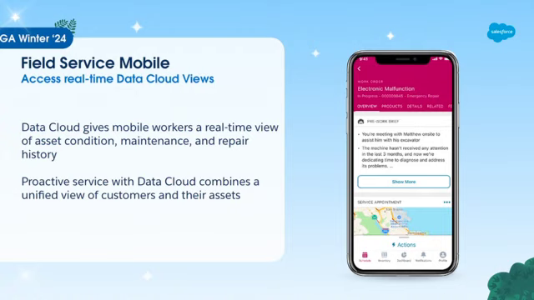So with this unified data, Einstein can automatically schedule service appointments and job duration, the necessary parts or tools needed to complete the job, and the right technician for the job. So again, just bringing all of that data together and optimizing it for field service is really where the value of Data Cloud lies.